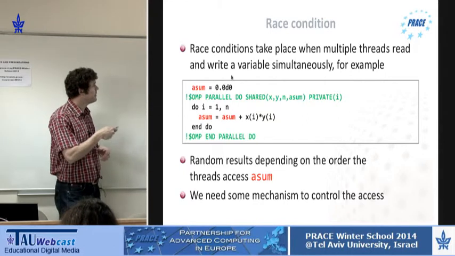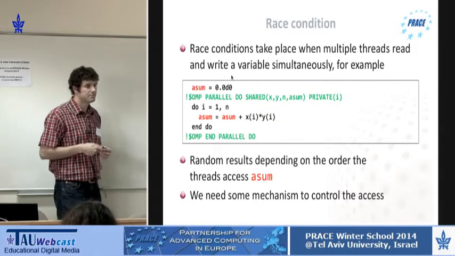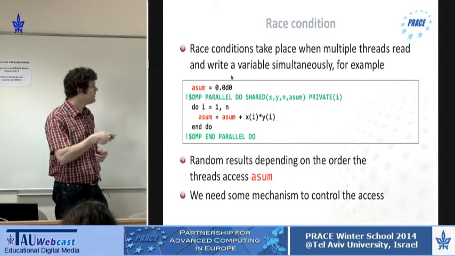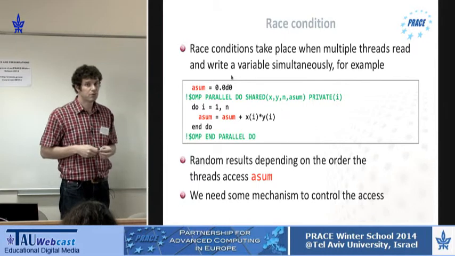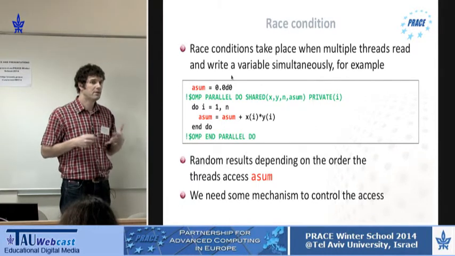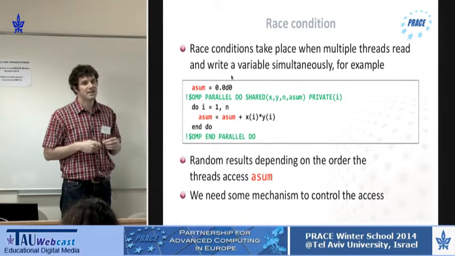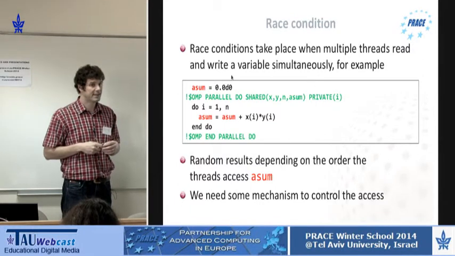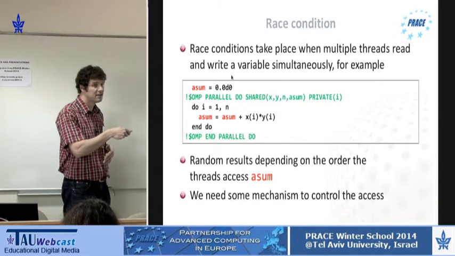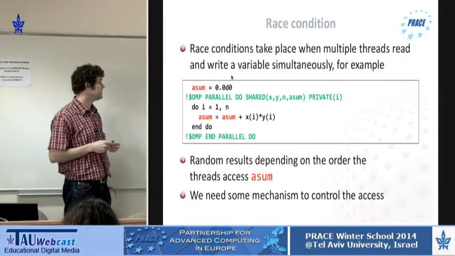The problem here is that the sum is now shared, and what we have here is a so-called race condition, meaning that one thread might be writing to this variable at the same time as another one is reading from it. Because we are using the variable also on the right-hand side here, the order in which this happens will affect the results.